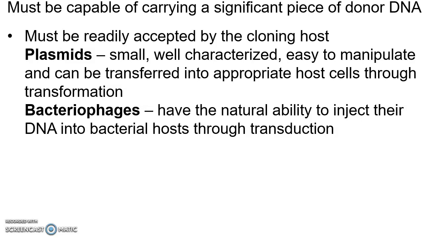Plasmids are good cloning vectors because they're small, they're well characterized, they're easy to manipulate, and they can be transferred into host cells through the process of transformation. Bacteriophages, also known as viruses that infect bacterial cells, have the innate ability to inject their DNA into bacterial host cells through transduction. So that is why those are common cloning vectors.